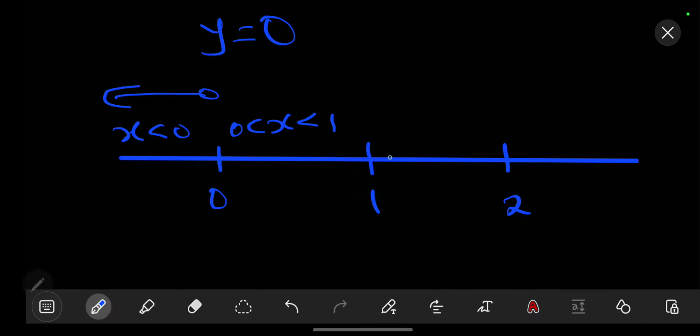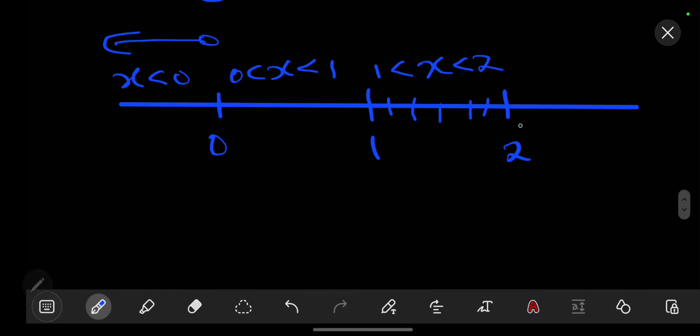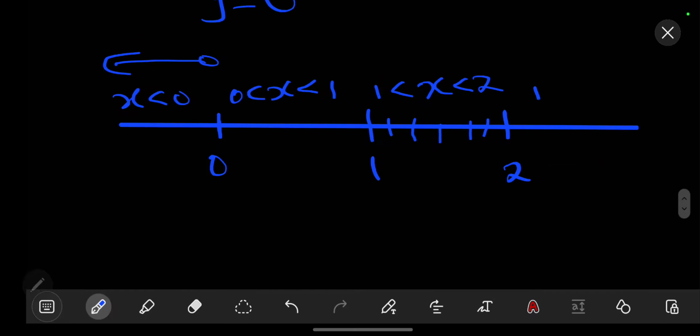Then here, all the values from here to here are greater than 1 but at the same time less than 2. Then last but not the least, x should be greater than 2. All the values that are on the right of 2 are greater than 2, like that.